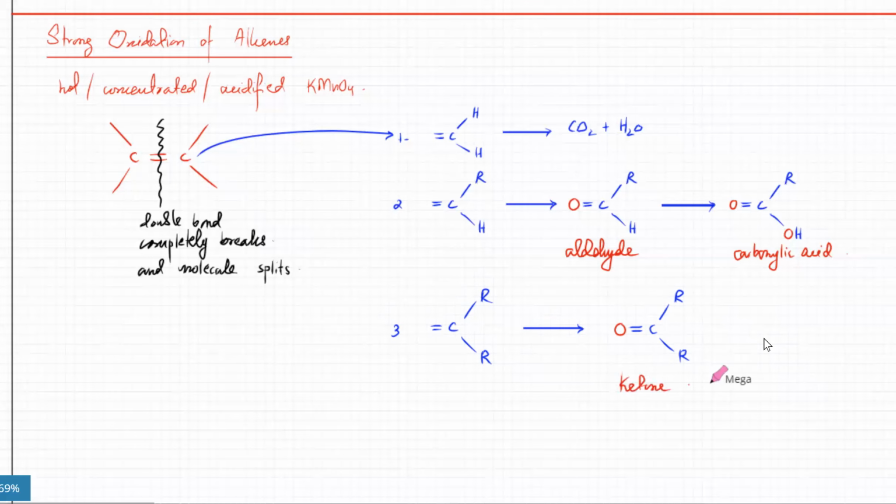So we'll do some examples. So this carbon atom can turn into three different things depending on what's attached to it.